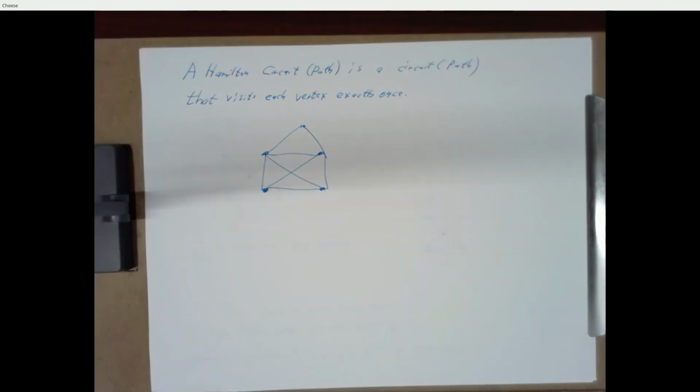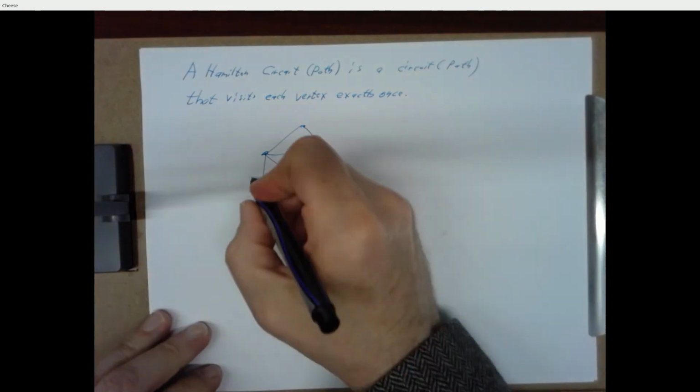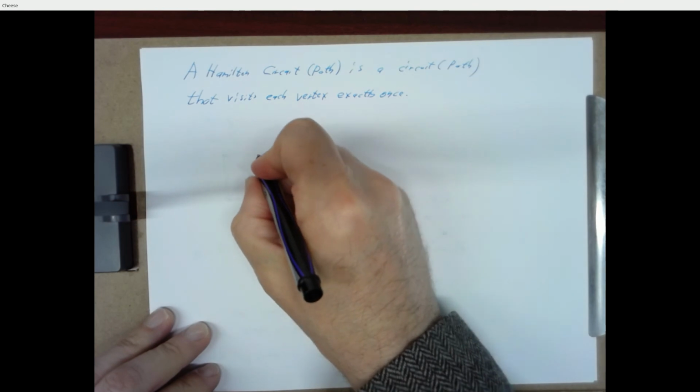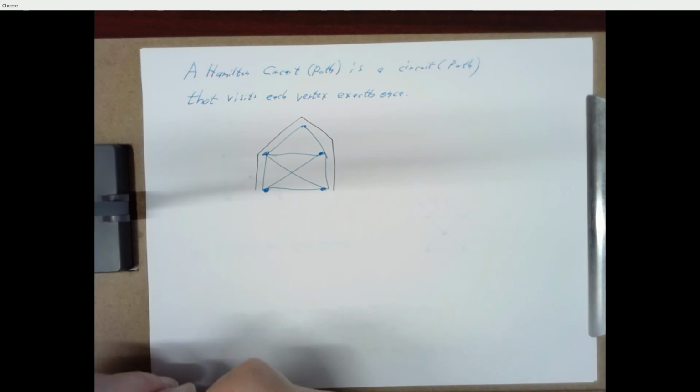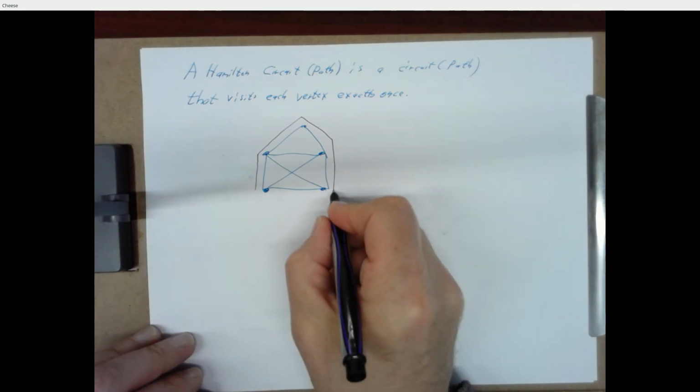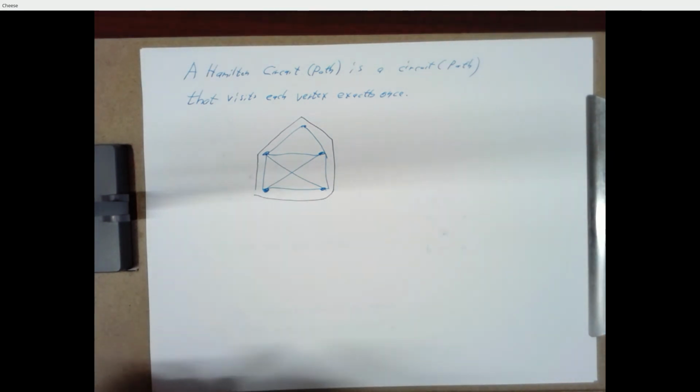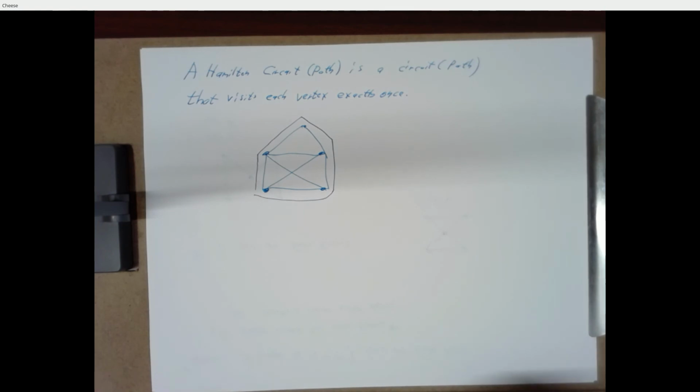So is there a Hamilton circuit in this graph? Yes. So we can start here, come up, go across, come over, come down. And in fact, there's a Hamilton circuit if we go back to the beginning. Wouldn't that touch the first vertex twice?